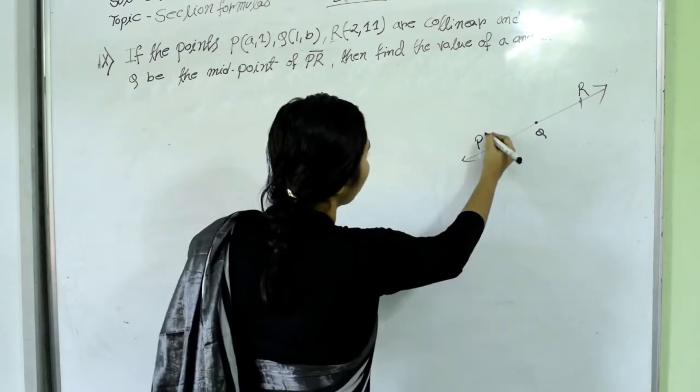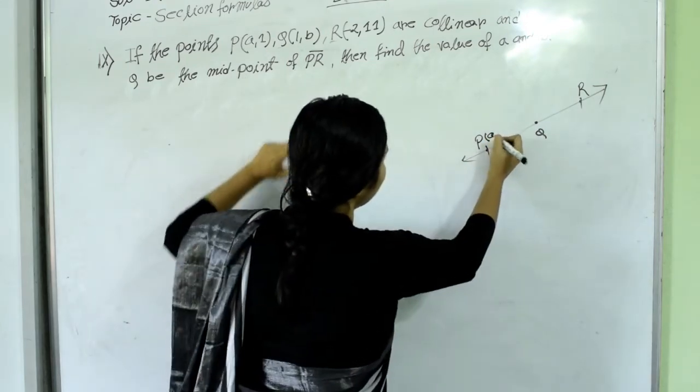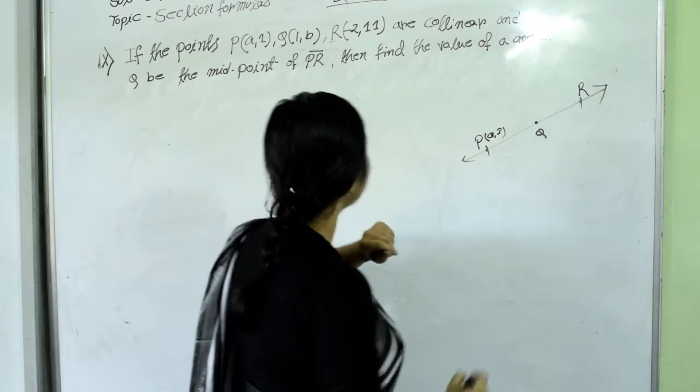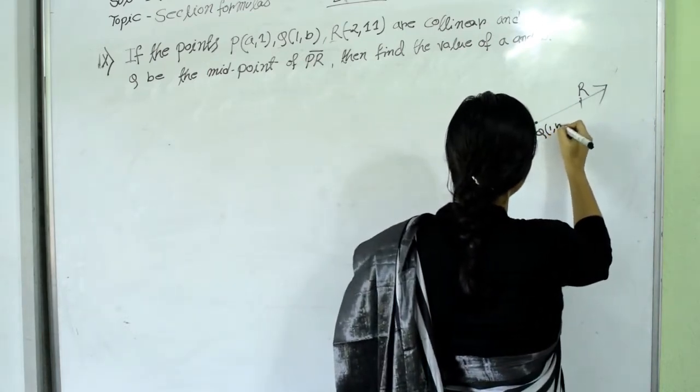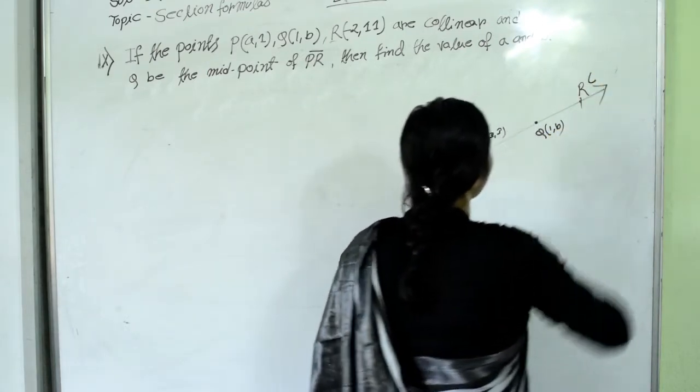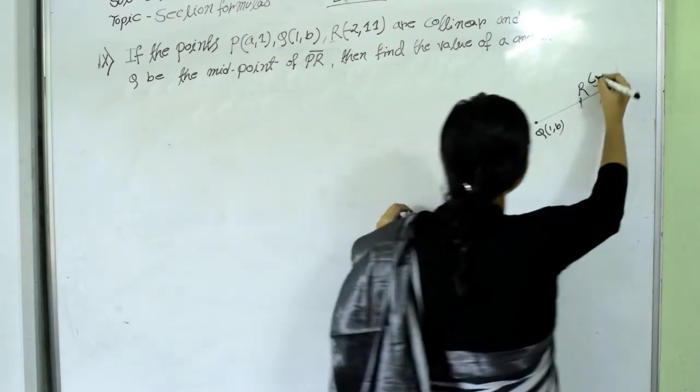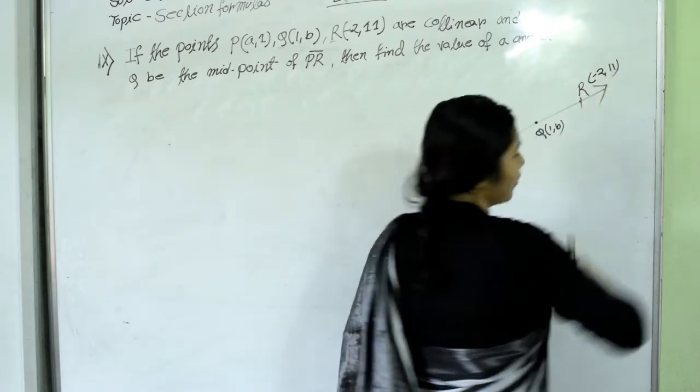Now the coordinate of the point P is A comma 1, the coordinate of the point Q is 1 comma B, and the coordinate of the point R is minus 2 comma 11.